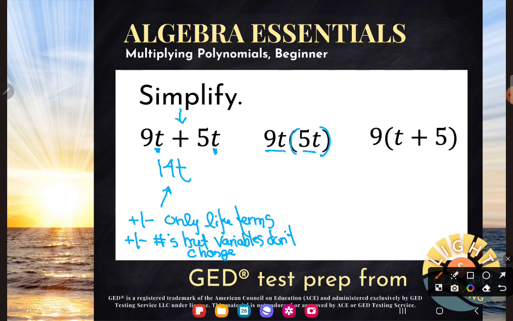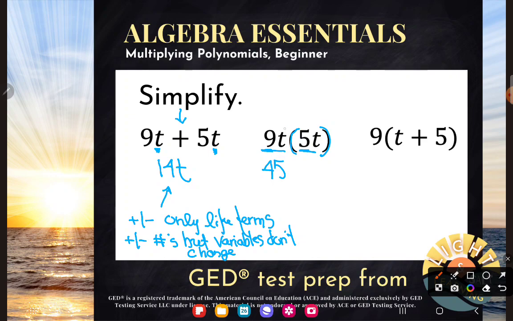Now the good news is you can multiply together any kind of algebraic expression. They don't have to be like, and the way we do that is we just multiply together the coefficients. So 9 times 5 is 45. And then we put the variable portion, the part with the letter, on the back side.